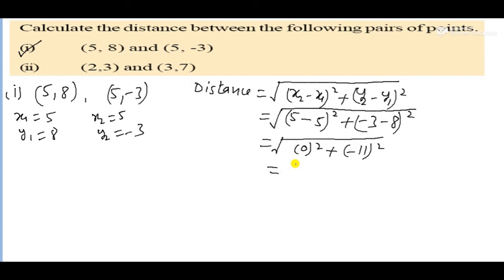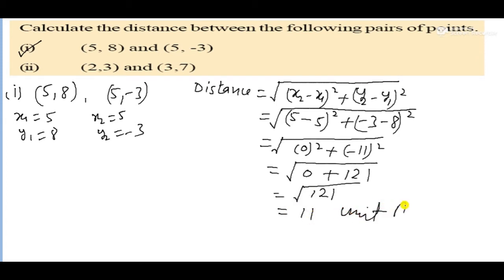It is 0 square plus minus 11 whole square. So 0 square is 0, and it is 121. So it becomes only 121, so your answer is 11 units.